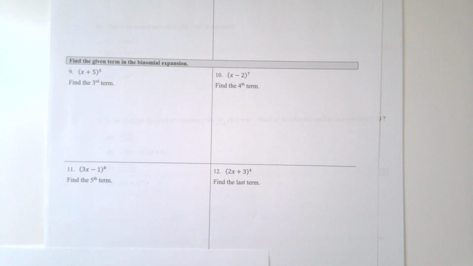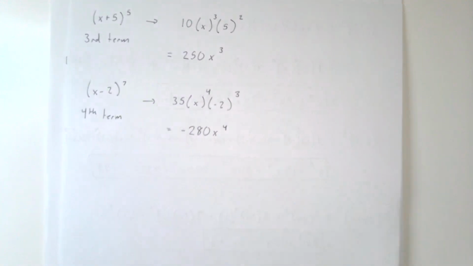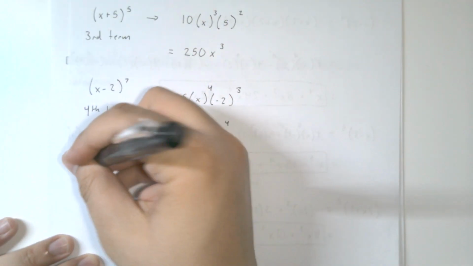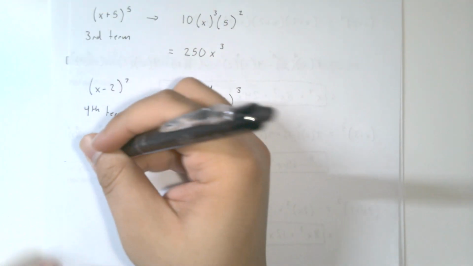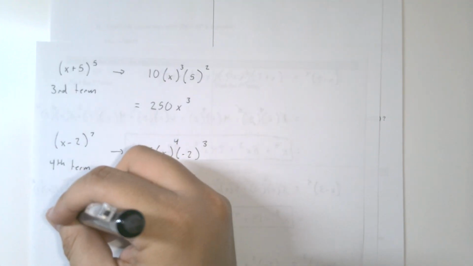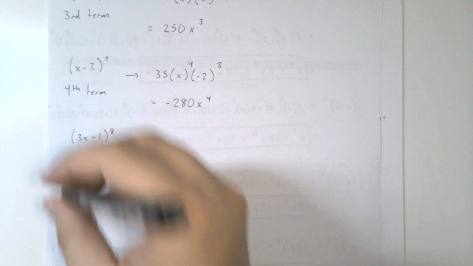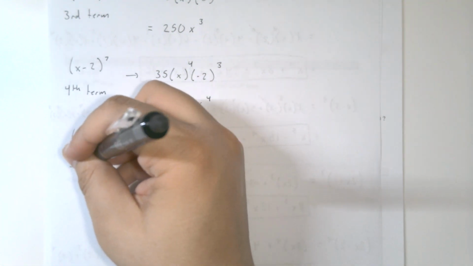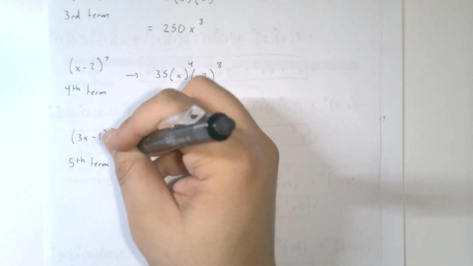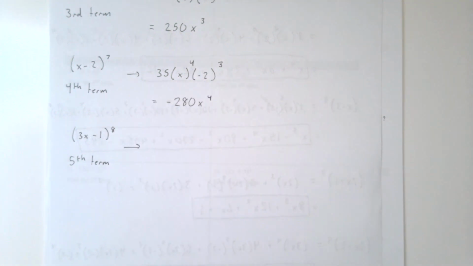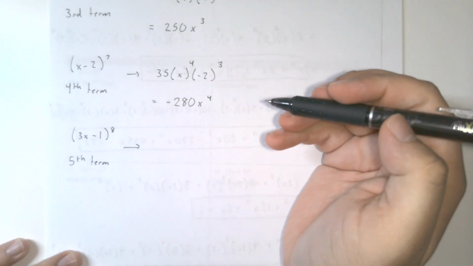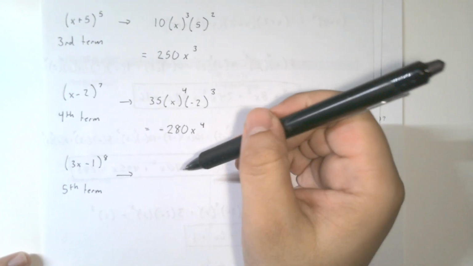Next one we have is we want to find the 5th term of 3x minus 1 to the 8th. So what was that again? 3x minus 1 to the 8th. And we want to find the 5th term. So for the 5th term, let's see. There is kind of a shortcut that you can do instead of looking at the triangle.